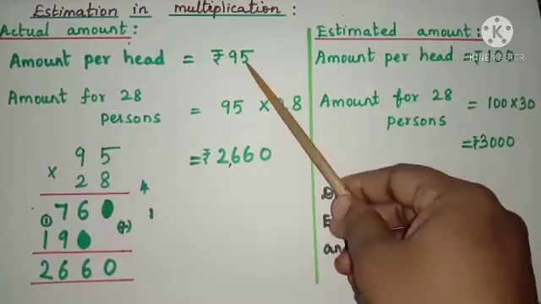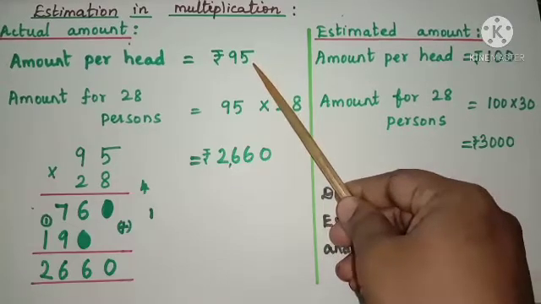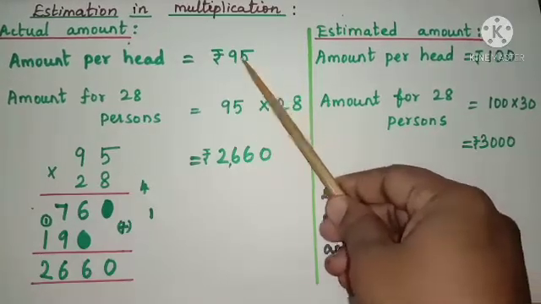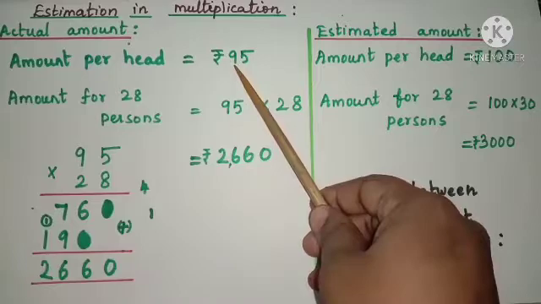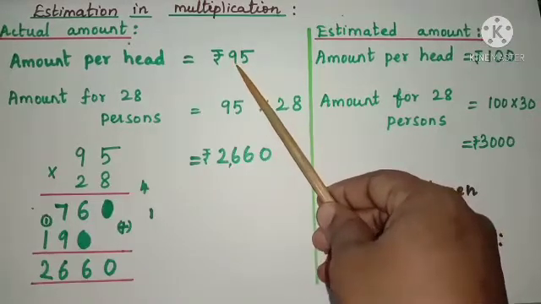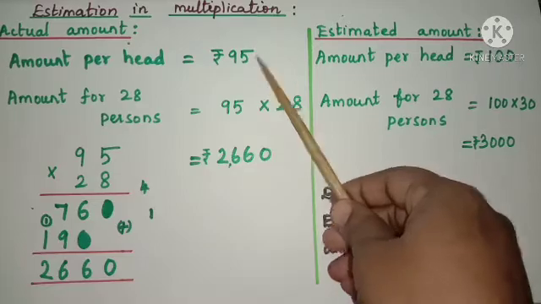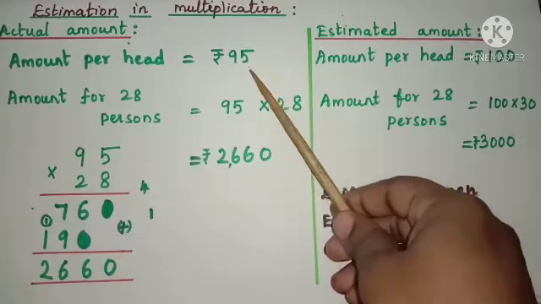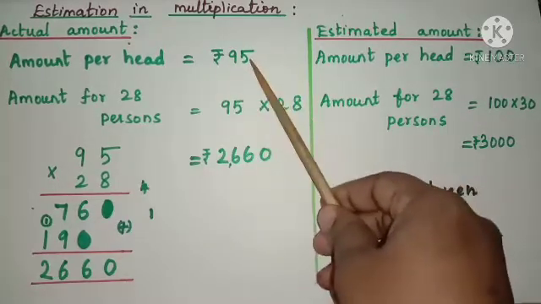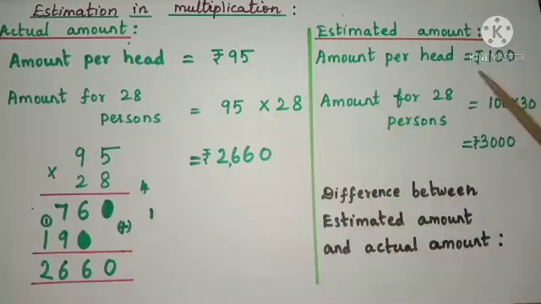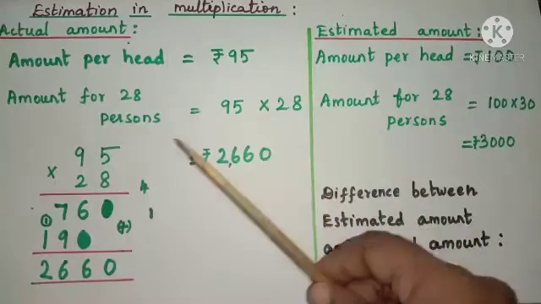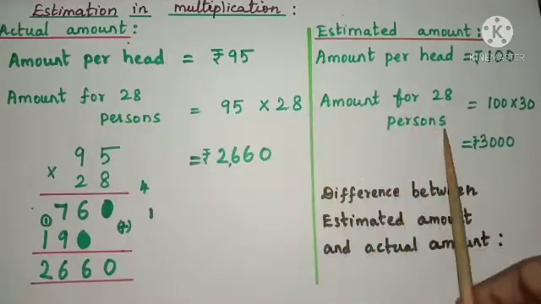See the unit digit, it is 5. So add 1 to the previous digit and make the unit digit 0. This is the procedure to estimate a 2-digit value. And here 95 becomes 100.